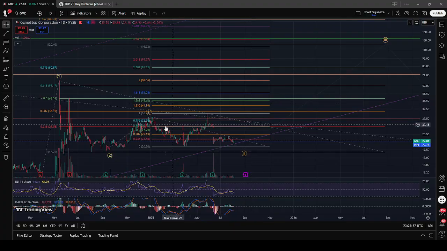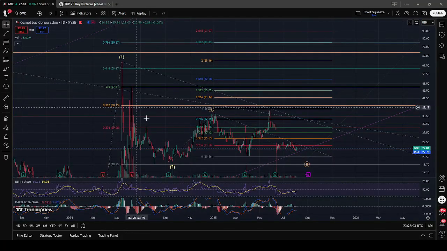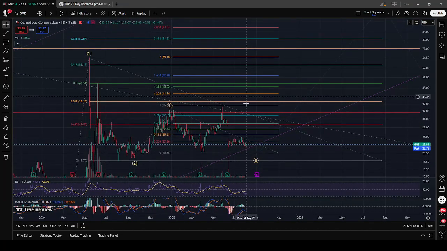What I have here is generally, we have hit this level. Well, we kind of surpassed it, right? It's up to right here, 65.16. So we have hit this level. What I am anticipating for the wave 3 is to either come back here or here.